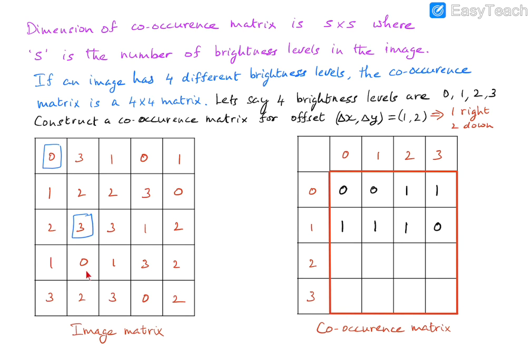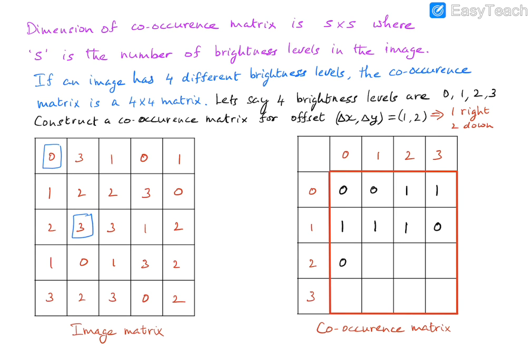This 2, if we go to the offset, we get a 2. The remaining 2s also go outside the image. So 2 and 0 does not occur even once in the image in the defined offset. So therefore the number of times we get 2 and 0 pixel values at that offset is 0.